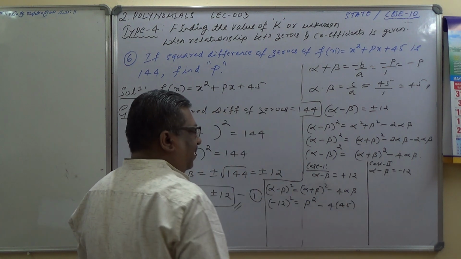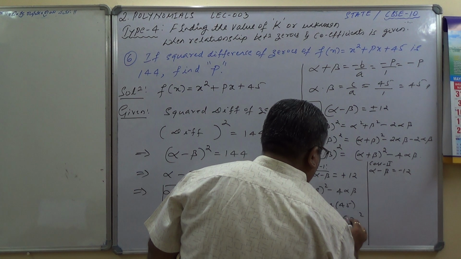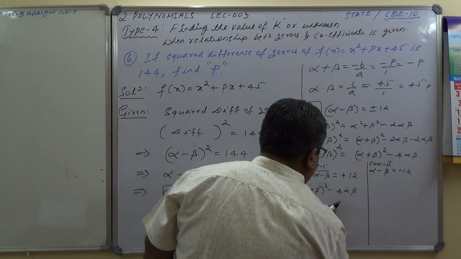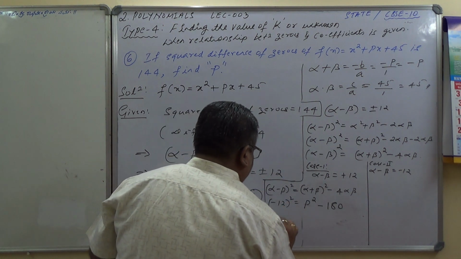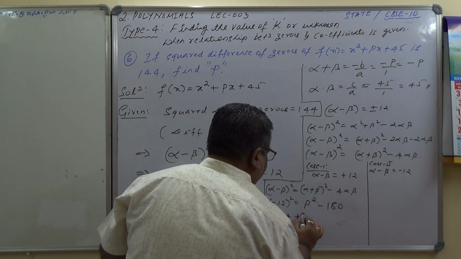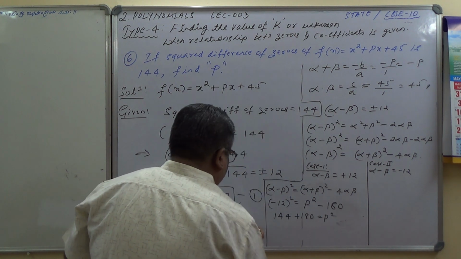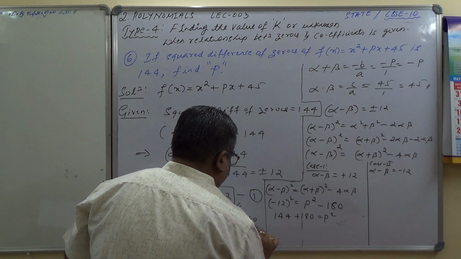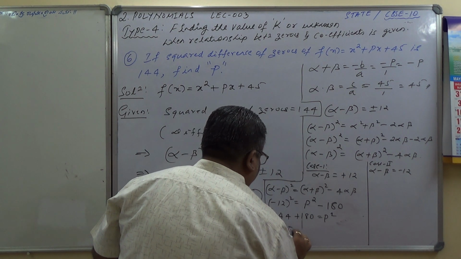And 4 into 45 is 180; I'll write 180 directly because of the space constraint. So 12 squared is 144, plus 180 equals p squared. How much is this? 180 plus 144 is 324.